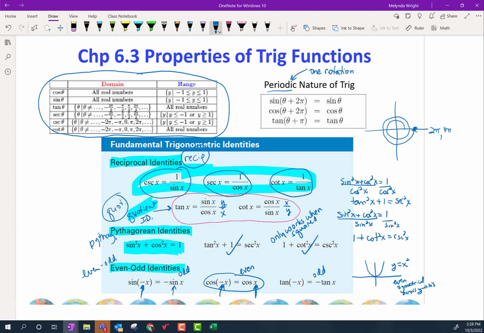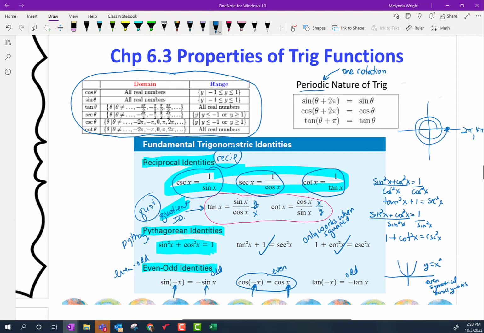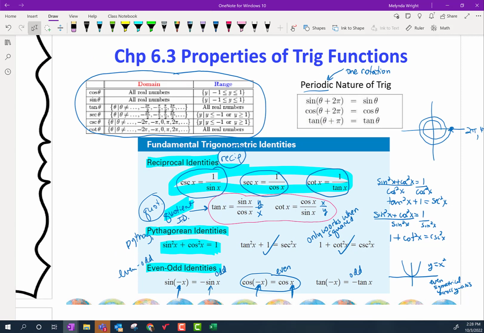There's one more type of identities that we're going to use in this section of the book, called co-function identities. So we're going to add this to our list. IDs is just an abbreviation for identities. We're just going to look at 2 of them.